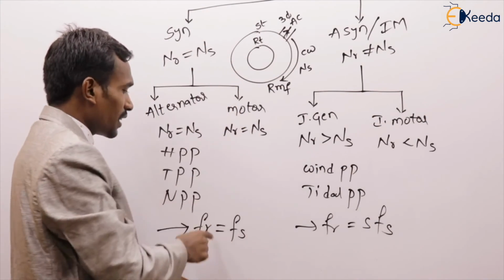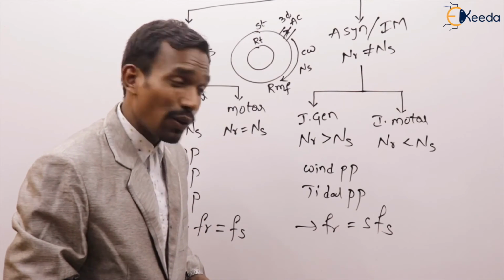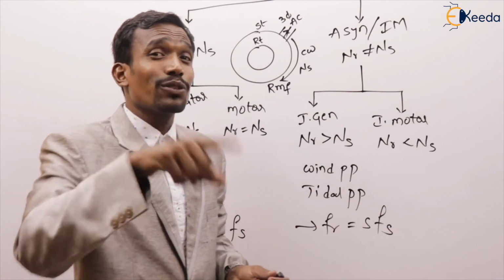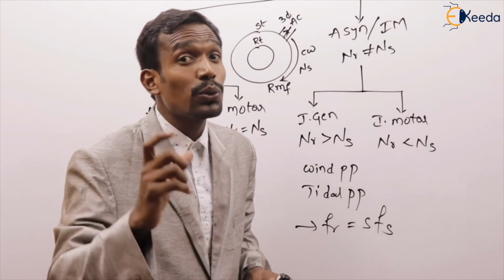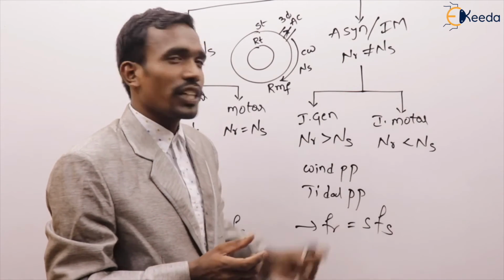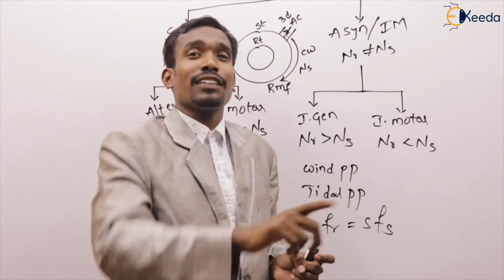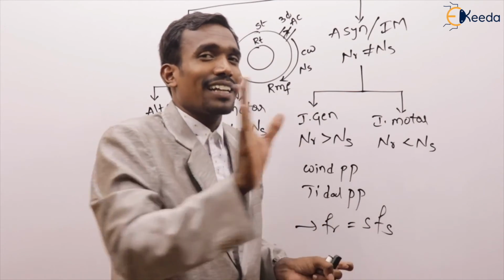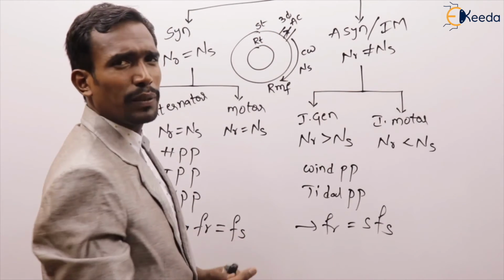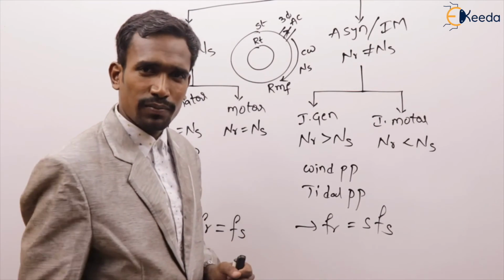The synchronous generators are directly connected to the power grids, whereas our induction generators are connected to the power grids through the frequency converters. Those are not directly connected to the power grids. These are the main differences between the synchronous machine and asynchronous machine.